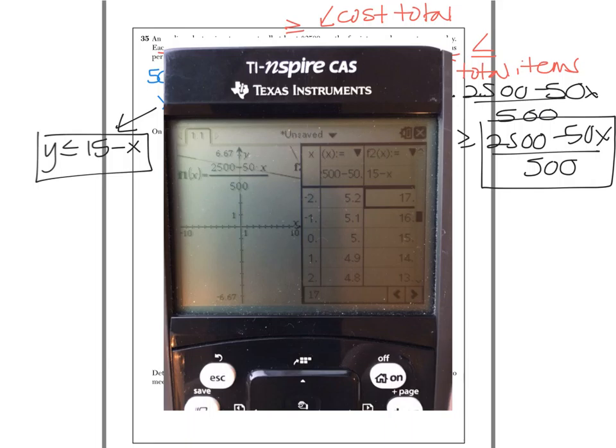So I'm going to use the nice integers in order to graph each of these, and then also shade in my areas either above the line or below the line depending on the direction of the inequality sign. So I'm going to do the first inequality first in terms of total cost. So that's these two. And then when I'm done with that, I'll do it in terms of total items, which will be these two columns.